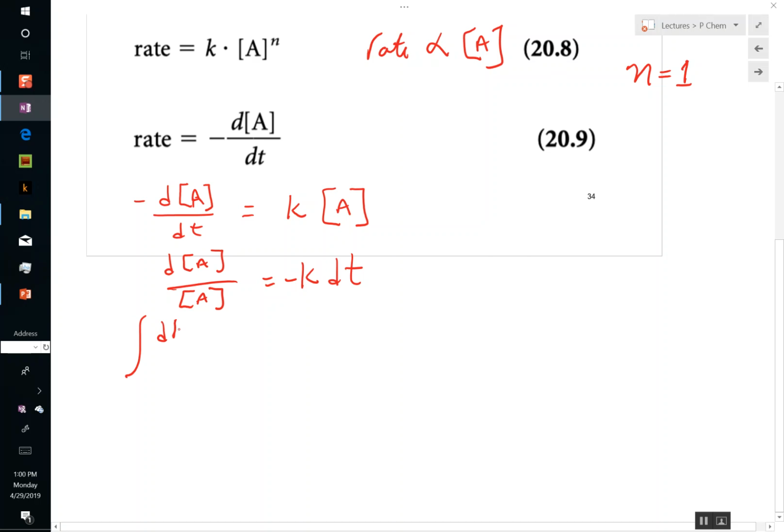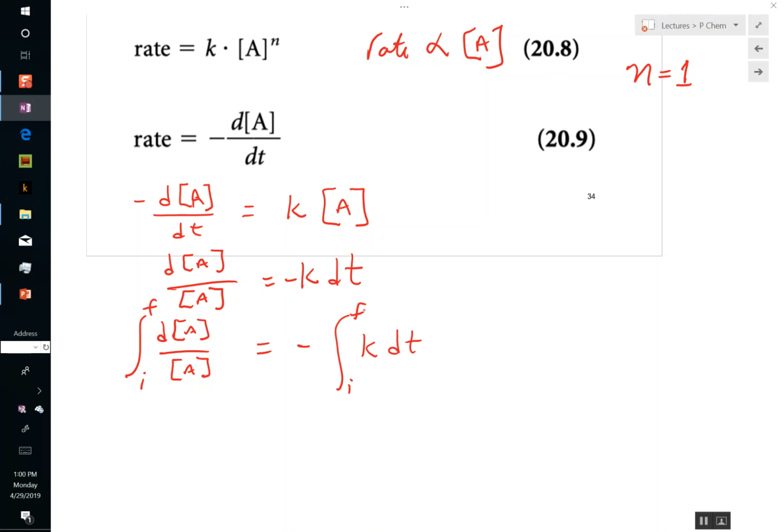Then we can integrate this from the initial concentration to the final, which is going to be equal to k dt from the initial time to the final time.